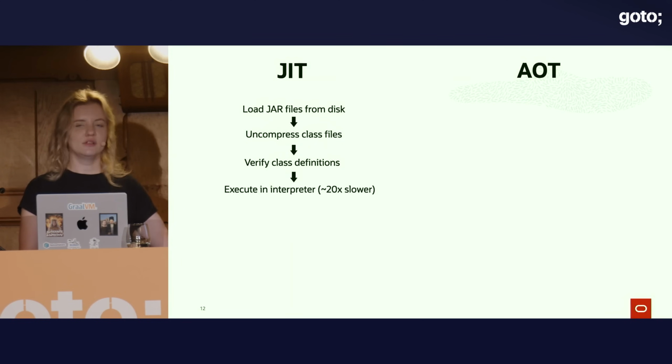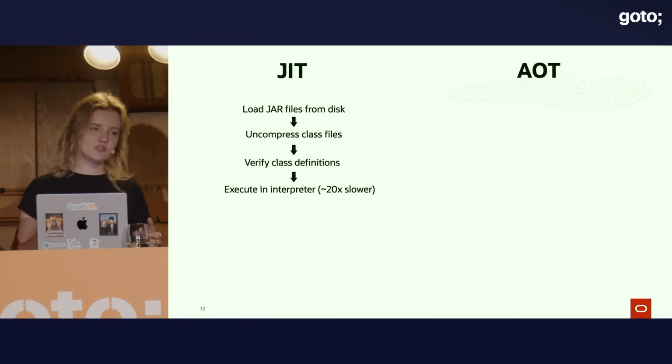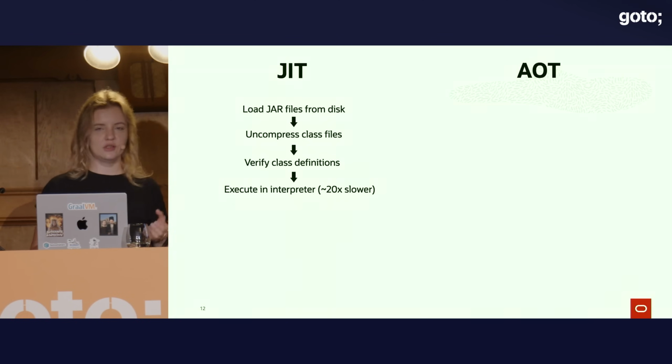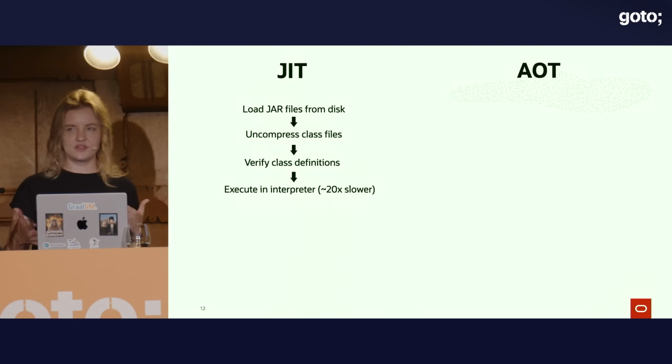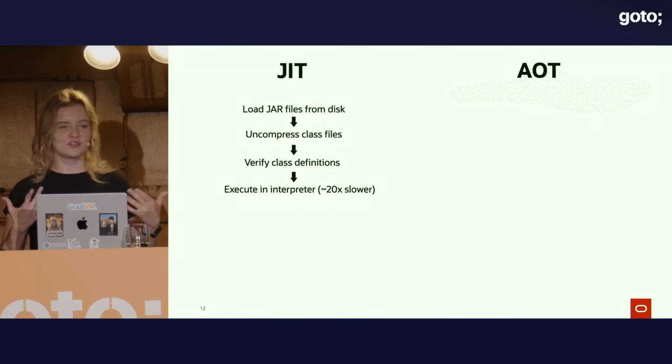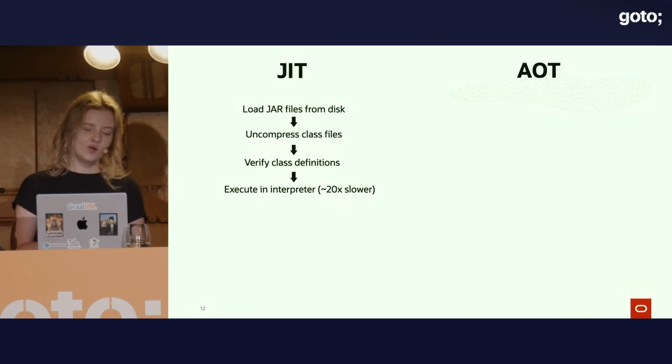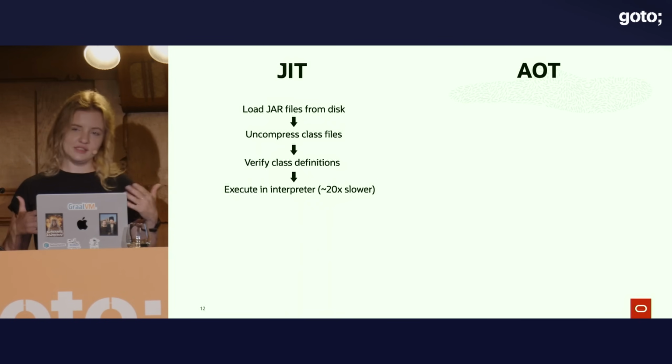You need to start interpreting, and interpretation is a nice, easy way to go from loading your application to actually executing your code. It's much faster in terms of getting your application to run than compilation, but also interpreted code is slower. So while you are in the interpreted mode, your application is not as fast.